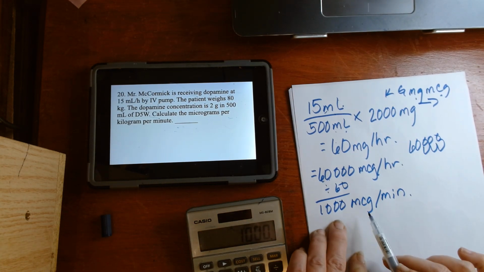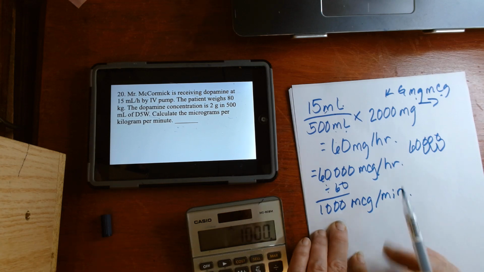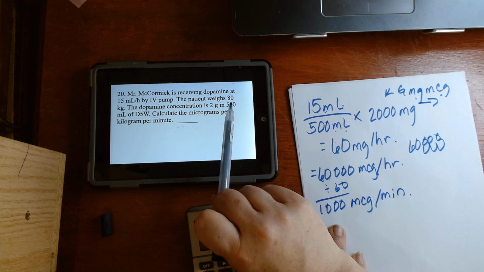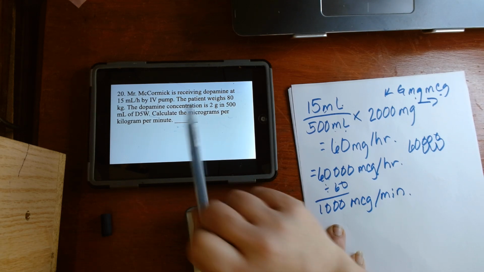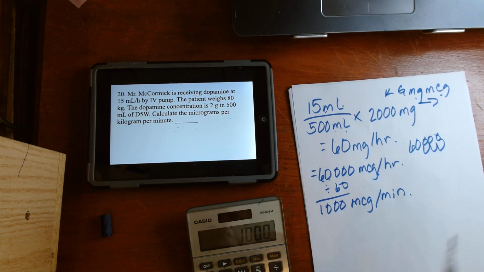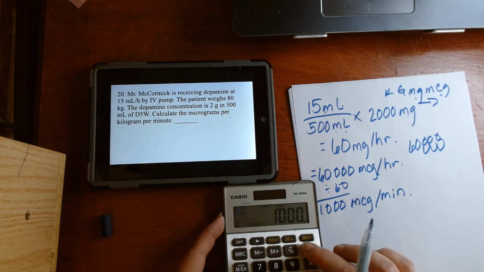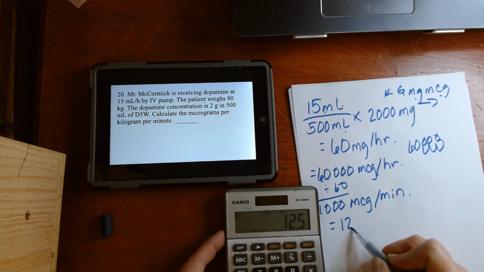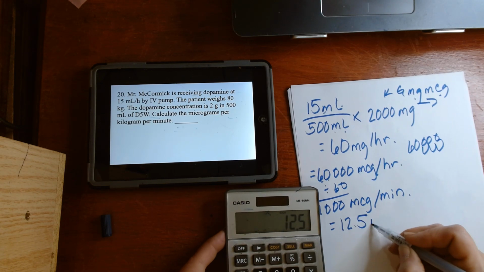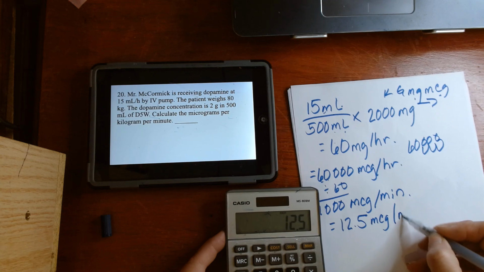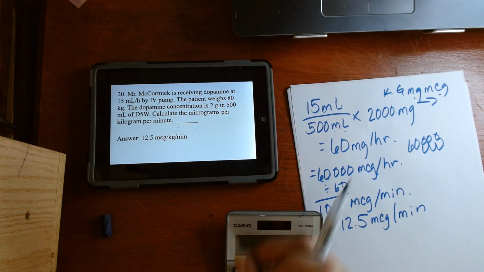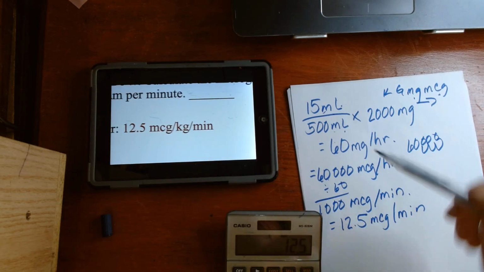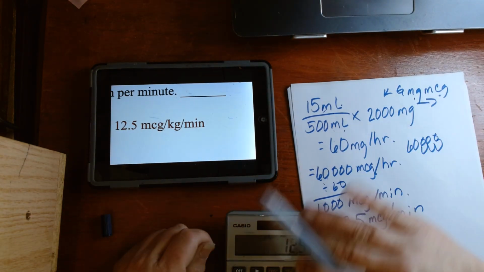And then, you know, whenever we're calculating it the other way, you got to multiply the kilograms by what he wants. In this instance, we got to divide 1,000 by the 80 kilograms, which means he's getting 12.5 micrograms per minute. Look. Boom. We saved him right here in front of everybody.